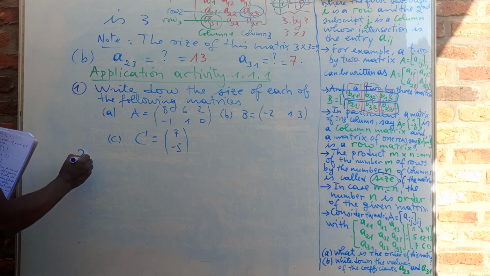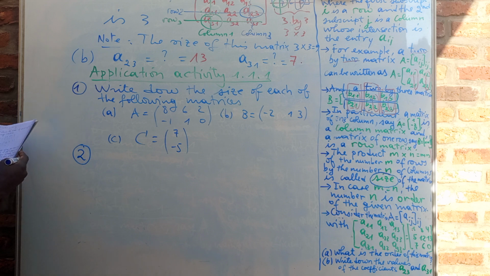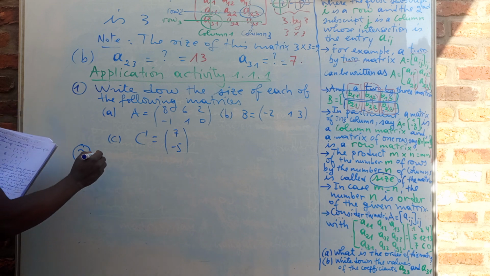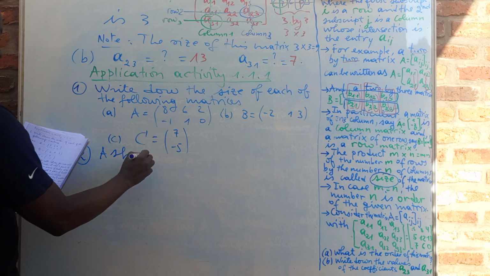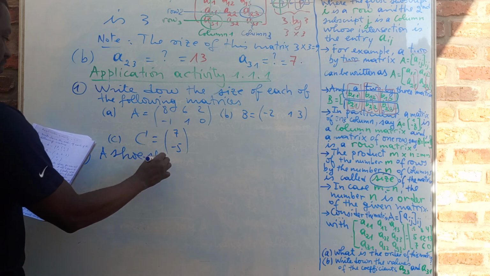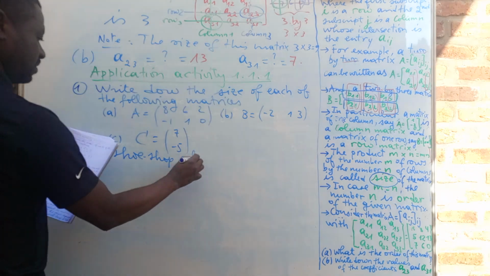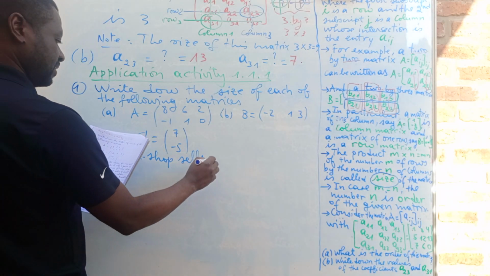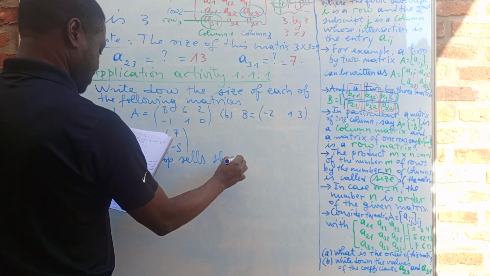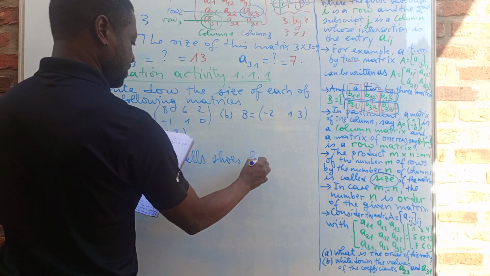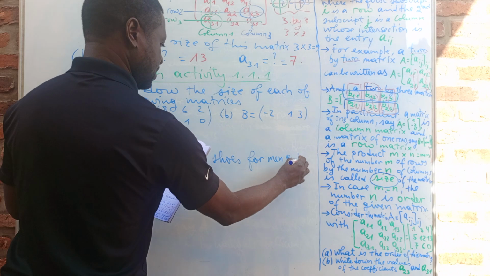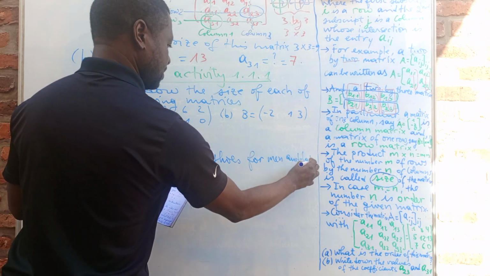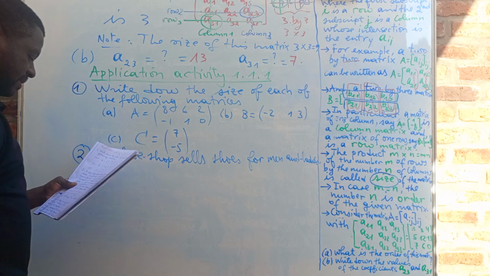Number 2 question is this. I'm writing down: a shoe shop sells shoes for men and ladies. For men and ladies.